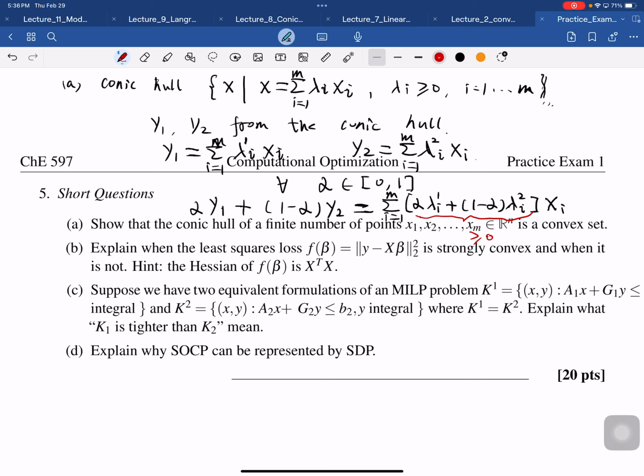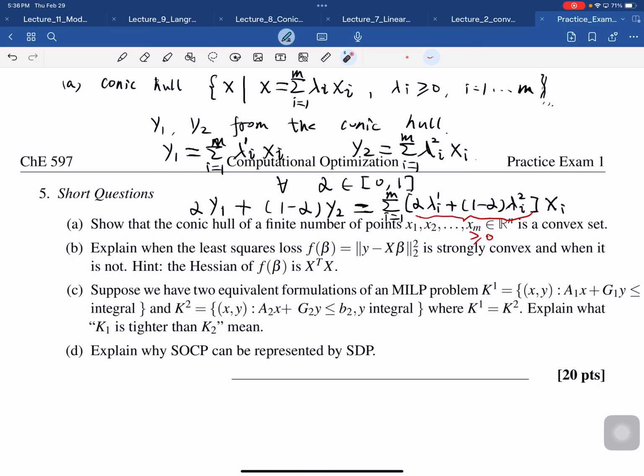So it is related to a concept called strongly convex. You consider the least squares loss function, so this is like a linear least squares problem. I assume all of you have studied linear regression before in your previous lectures. So you are using some data x to predict something called y.